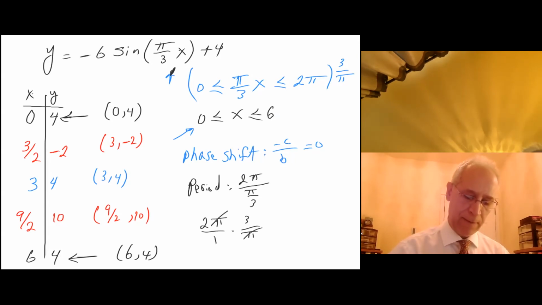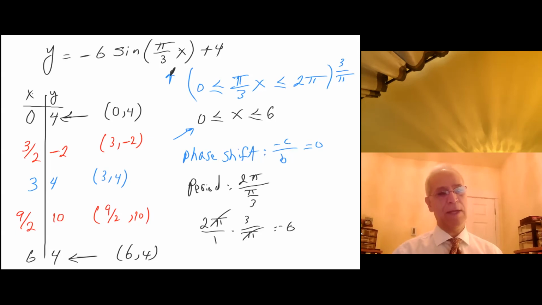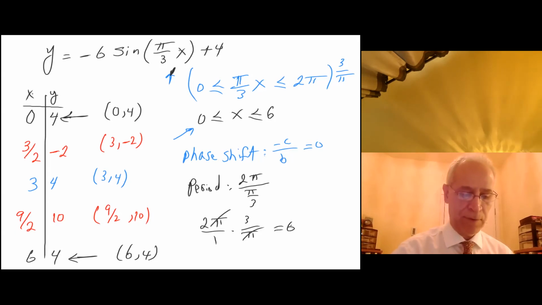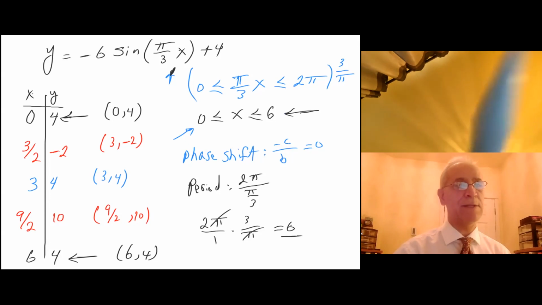Cancel, cancel. And 2 times 3 is going to be 6. We started from 0, we continued one complete period, and we ended up at 6.